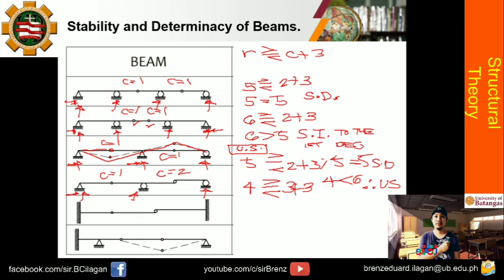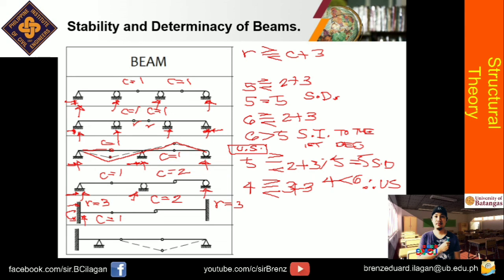So ito naman. Yan, meron tayong fixed connection. So ilan nga yung value ng reaction natin kapag fixed? Ilan nga ang ating reaction? So meron kang moment, kang vertical, and meron kang horizontal. So the value of this is R is equals to 3. Ganon din sa kabila, tatlo yung ating reaction. So dito meron kang mga value ng C. So meron ka ditong internal hinge, kung saan C is equals to 1. And then dito meron kang internal roller, from where the value is C is equals to 2.